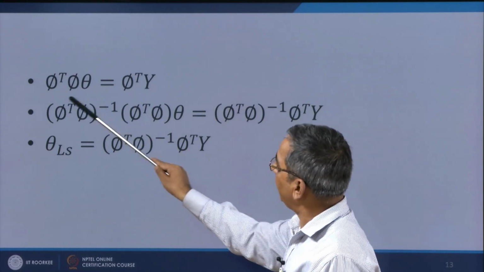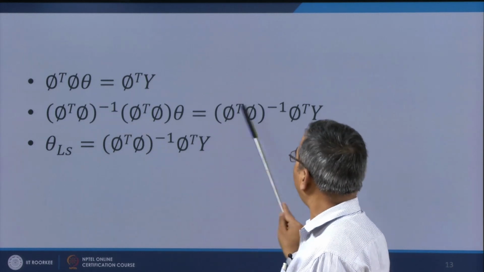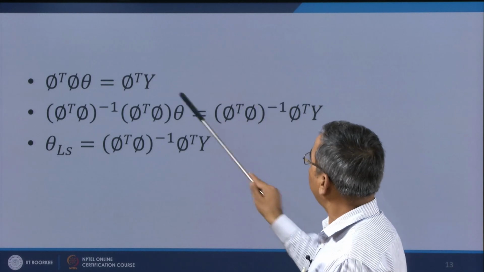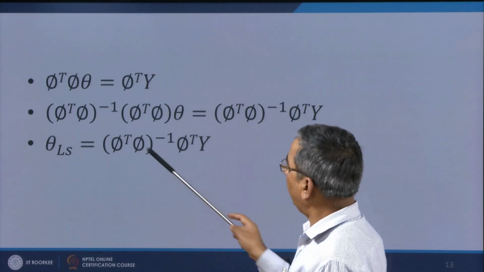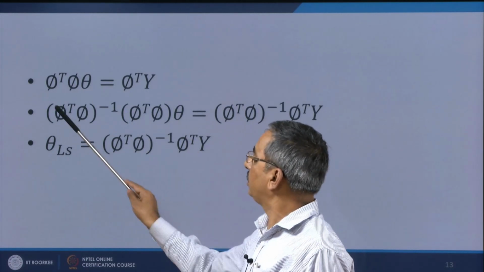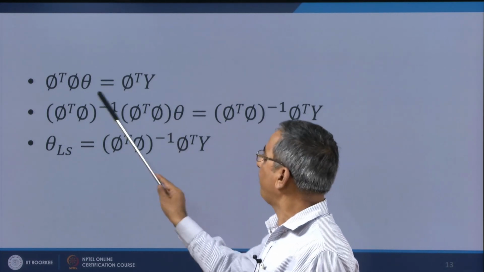I am multiplying this to the left hand as well as to the right hand side, so I will be multiplying this on the right hand side also, into phi transpose y. Okay. And now you can see that this multiplication leads to an identity matrix.